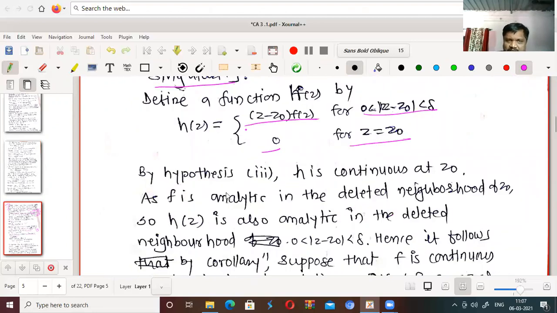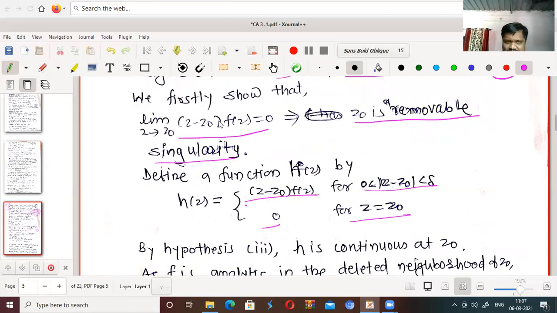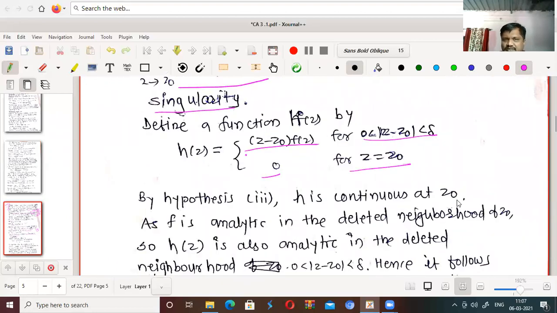Now, by hypothesis, as this one holds, h is continuous at z0. Why? Because the limit of h of z as z tends to z0 equals this term, which equals 0, and this is nothing but h of z0.